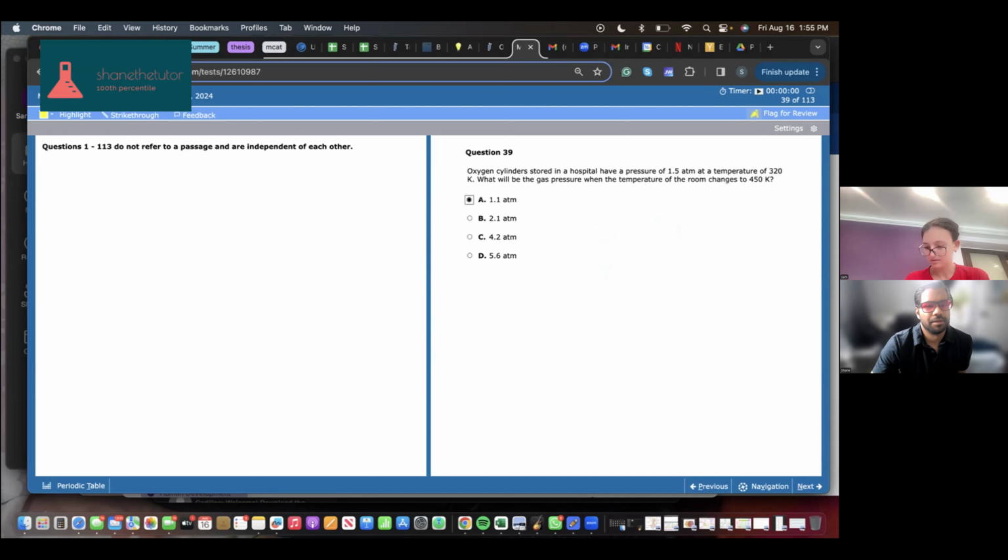P1 over T1 is equal to P2 over T2. So P1 times T2 over... Okay. So 1.5 times 450 over 320. Isn't it like 5 over 3-ish?